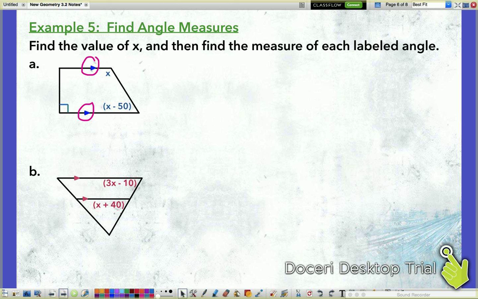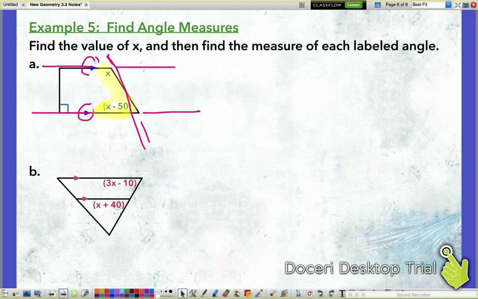Okay, so if we think about extending these, this guy right here would be my transversal. So I hope you can see that these two then are consecutive interior angles. After I've made my lines bigger, it's much easier to see.